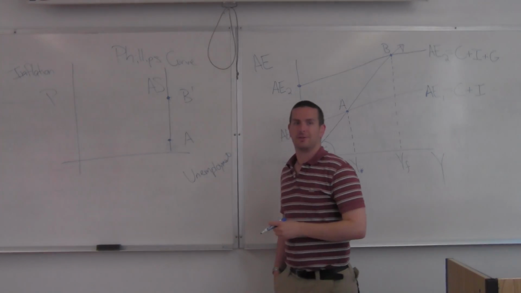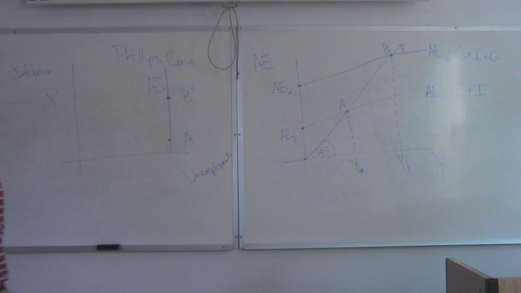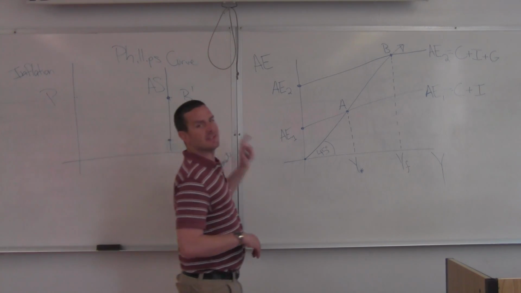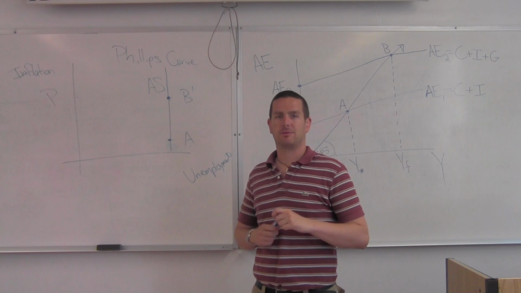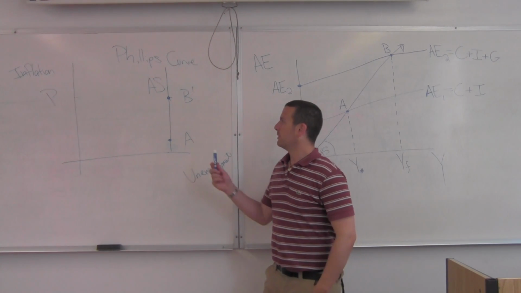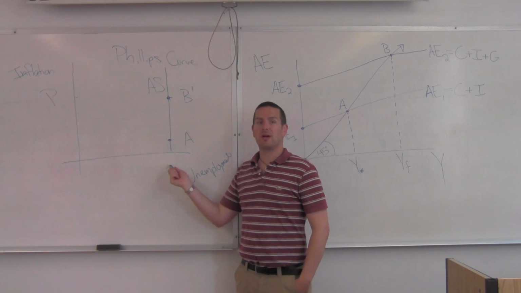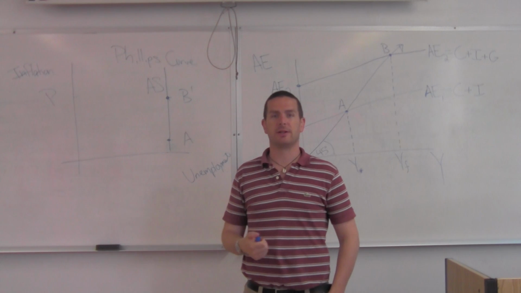The result is a vertical, again, the result is a vertical aggregate supply curve. Okay? No matter what the price, there's always some group of people that need to be unemployed.